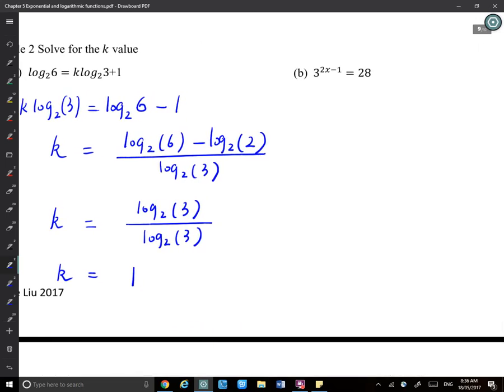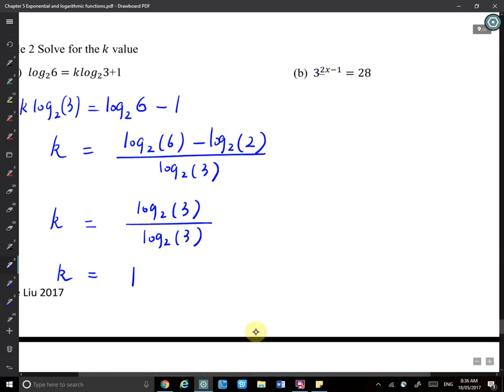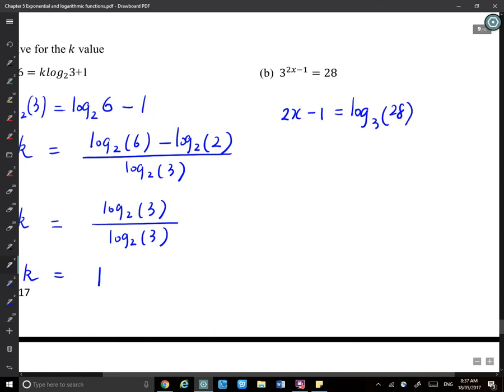Okay, the next one is 3 to the power of 2x minus 1 equals 28. You have x on the power, so to solve for the power, you need to use log. So 2x minus 1 should equal log base 3 of 28.